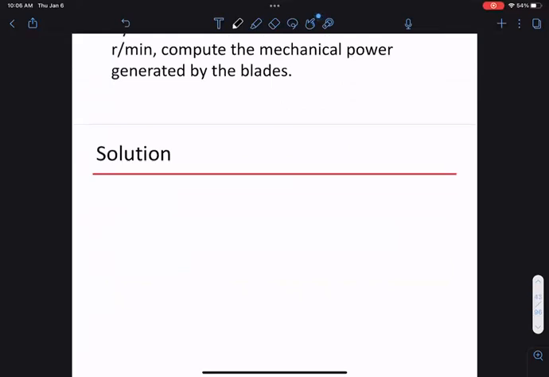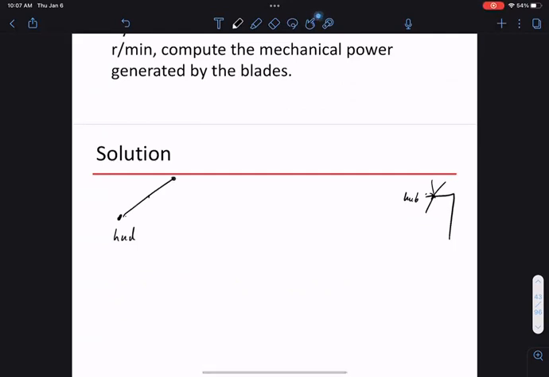Right, so let's look at the solution. Okay, so what do we have? Well, remember we have an airfoil, right? So this is the hub. This is the hub here. So your length of the blade, right? So we have some blade.